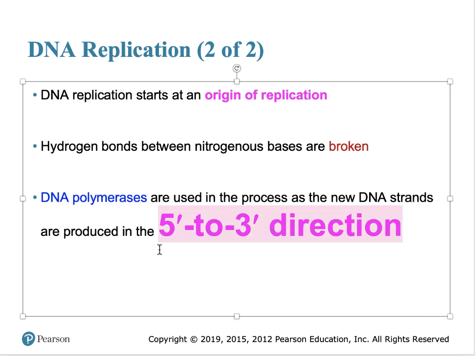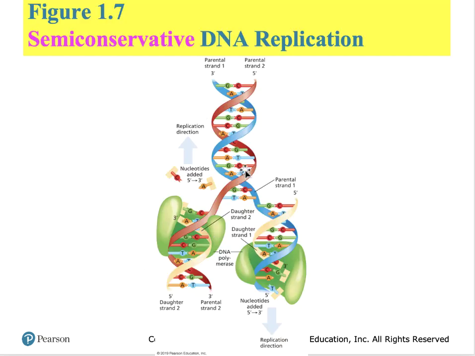Unfortunately, these enzymes have evolved to only work in one direction, which is 5' to 3' direction. So DNA is always replicated backwards. It's read forwards, but replicated backwards. And this is something I'll keep telling you until it fixes in your head through trial and error. So here's a figure showing one replication fork, and we'll talk about replication forks in the future.